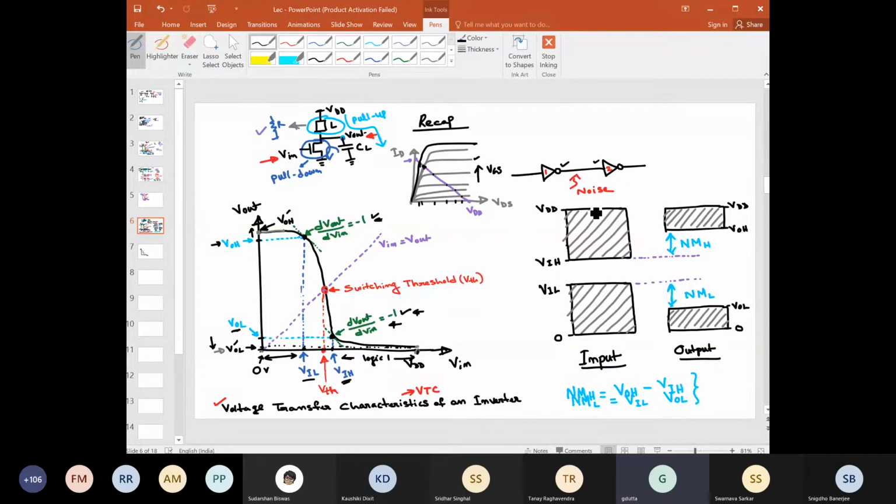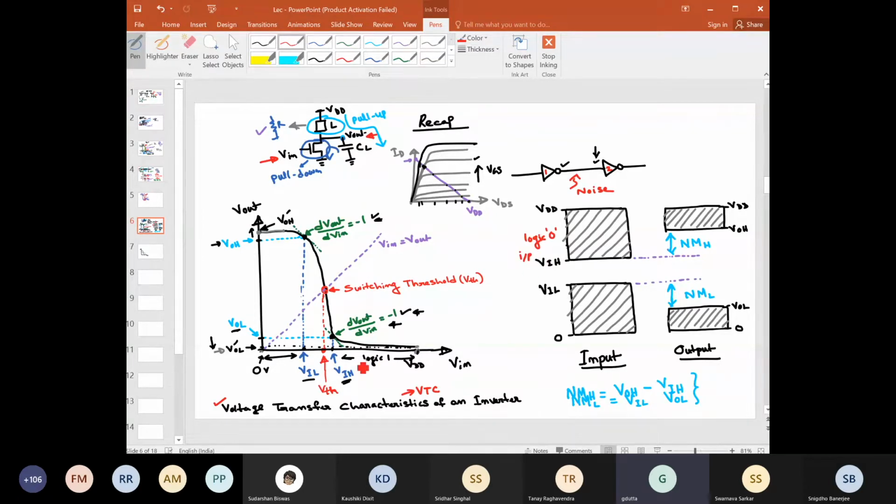So in that case, from the input side of this second inverter, you can see that any input voltage between VIH and VDD can be considered as logic 0, or logic 1. This is the input.